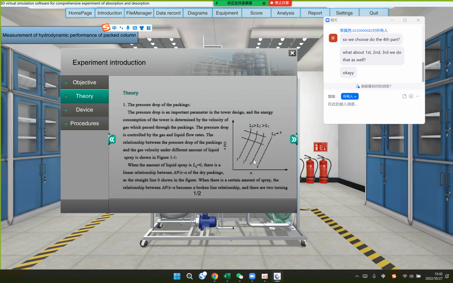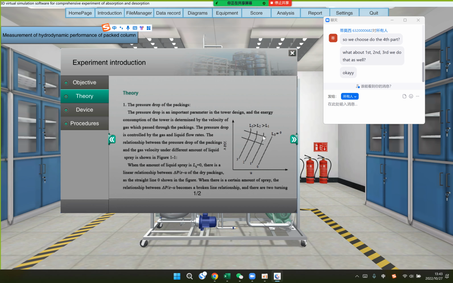If there is some liquid, meaning the liquid load is not zero, the pressure drop and the gas flow rate first have a linear relationship, but at some point the pressure drop will increase rapidly, and at another point it will increase even faster.